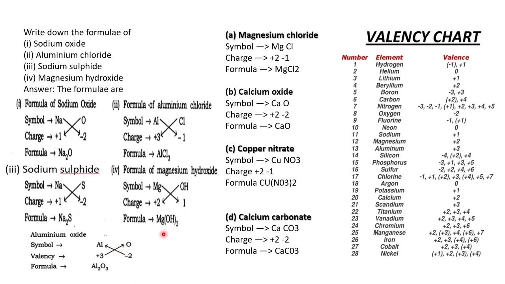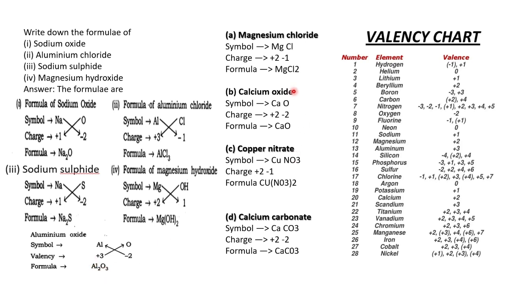Here you should not confuse OH as oxygen and hydrogen. This is together hydroxide, so I am writing it within the bracket. Al is the symbol of aluminium, Na is the symbol of sodium alone. For Al2O3 we are not putting brackets.